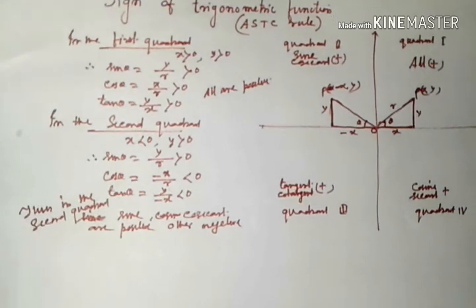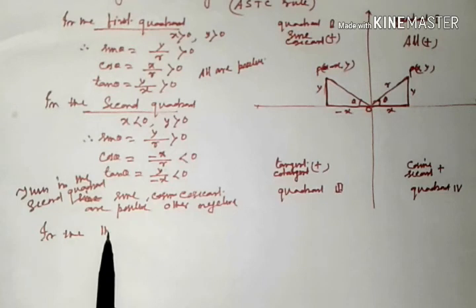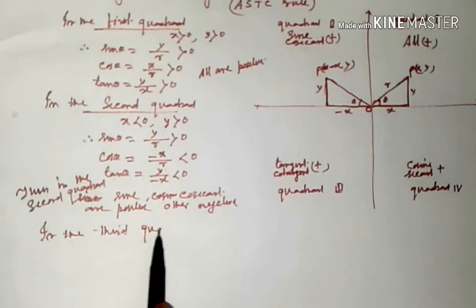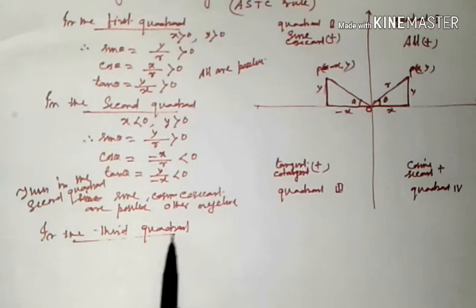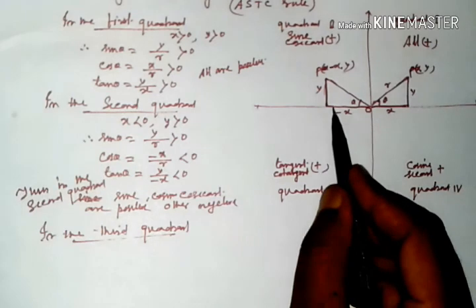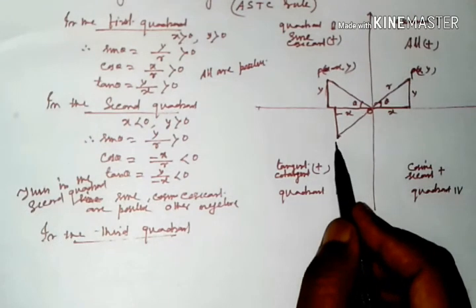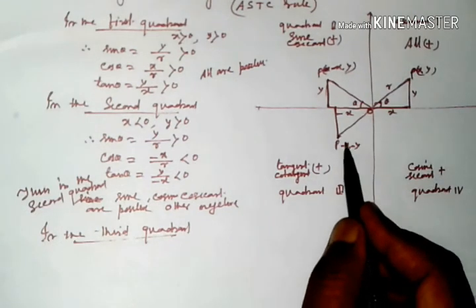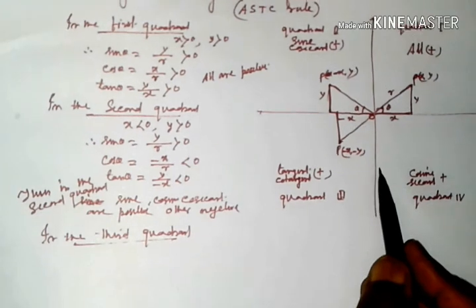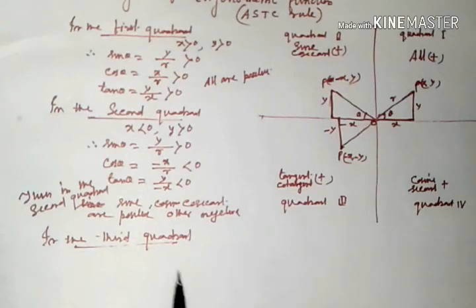In the third quadrant, let this point be P, this is minus x, minus y point. In the third quadrant, x less than 0, y less than 0.